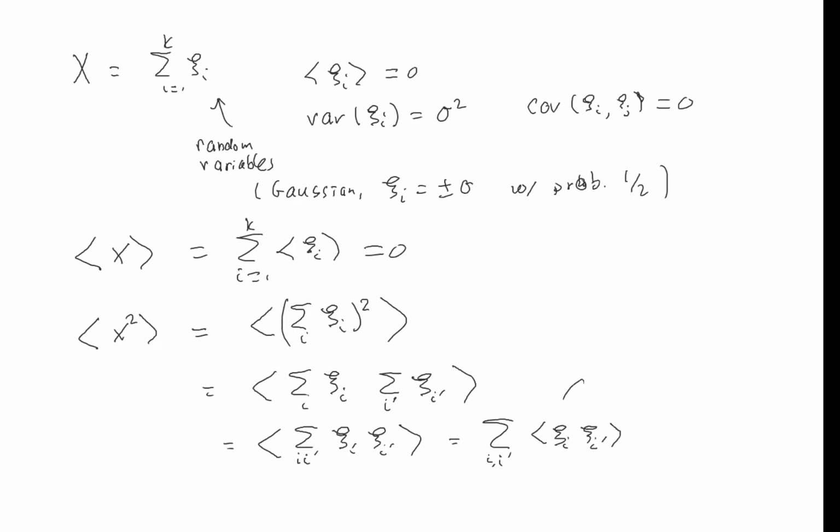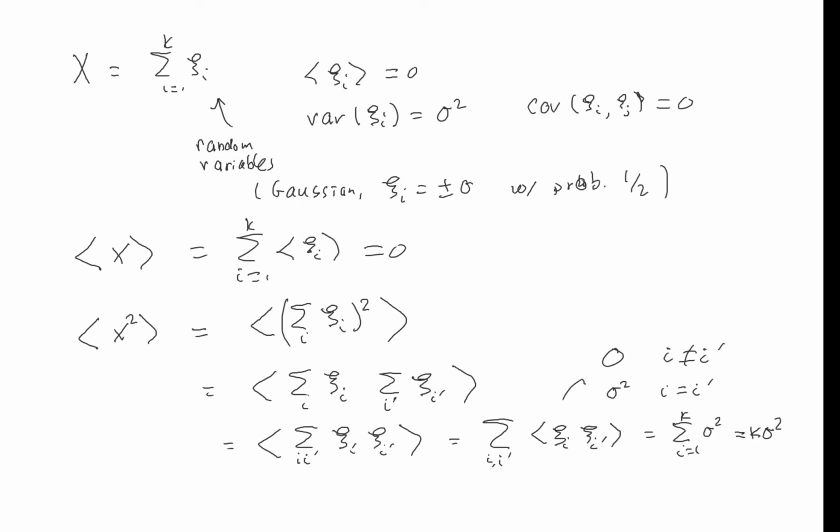So this is 0 if i is not equal to i prime, because the covariance is 0. And it's equal to sigma squared if i equals i prime. So this is just a sum on i equals 1 to K of sigma squared, which equals K sigma squared.